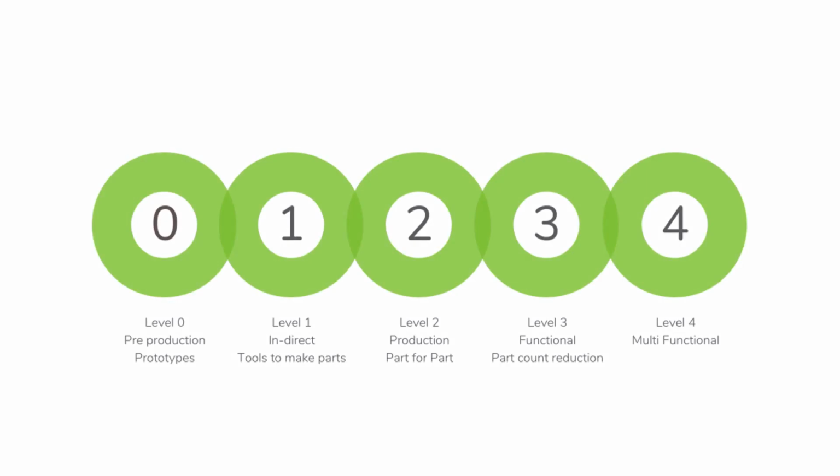Level 2 over here is when you just produce part for part. So you don't change the design, you literally take the part that is conventionally manufactured and you print it exactly as it is. Obvious examples of that would be spare parts and also parts that you can't find anymore.